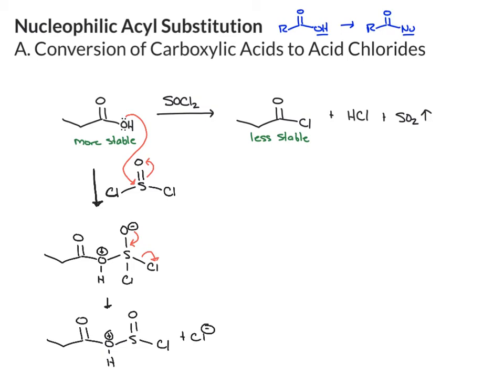Now the Cl minus can act as a nucleophile and add to the carbonyl carbon. And here we're at a familiar tetrahedral intermediate.